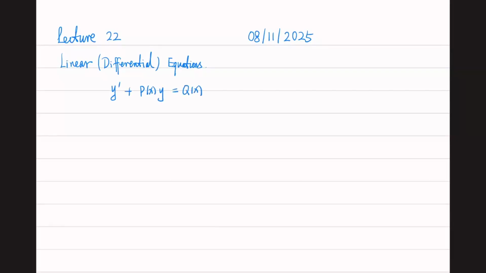So why is it called linear? This P and Q can be nonlinear, can be sine or exponential.